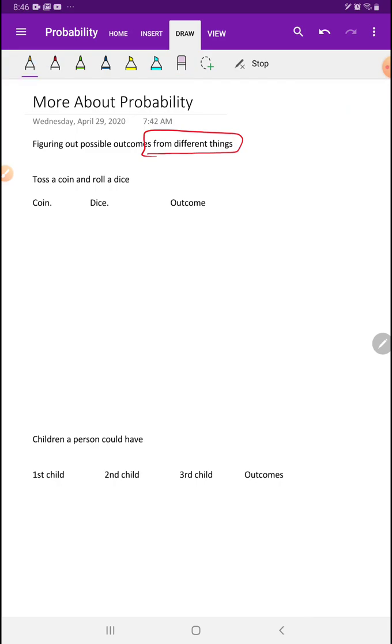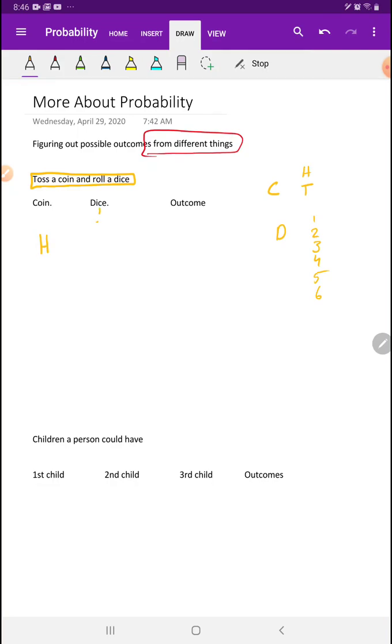Okay, so let's talk about this. Let's say we're going to toss a coin and roll a dice. We're going to do both of those things. So we know for a coin, I can get a heads or I can get a tails. And we know for a dice, I can get a 1, a 2, a 3, a 4, a 5, or a 6. So those are my options. So for my coin, I could get a head.